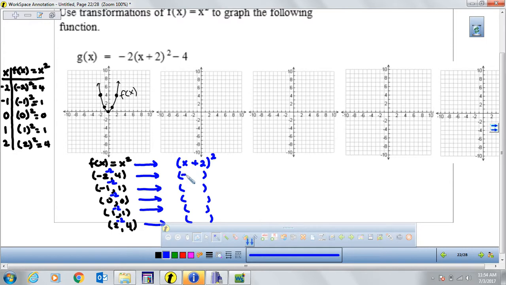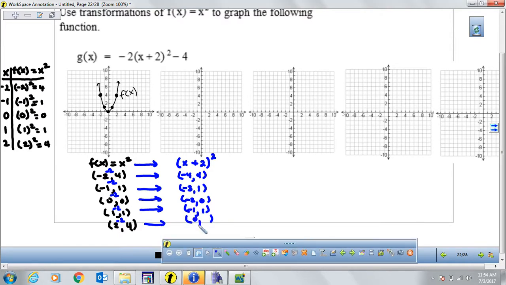So negative 2 minus 2 is negative 4, comma 4. Negative 1 minus 2 is negative 3, comma 1. 0 minus 2 is negative 2, comma 0. 1 minus 2 is negative 1, comma 1. And 2 minus 2 is going to be 0, comma 4. Let's graph those points.